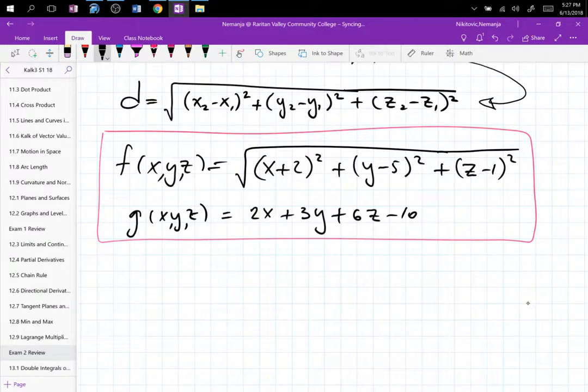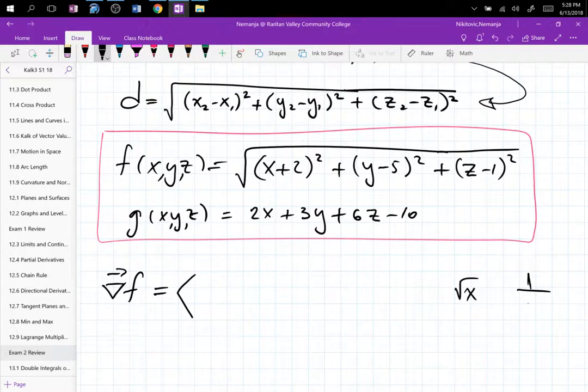So, this is great. I have the del f. So what is the derivative of square root of x? It's 1 over 2 root x. So what is the derivative of square root of f of x? It's going to be f prime over 2 square root of f of x.